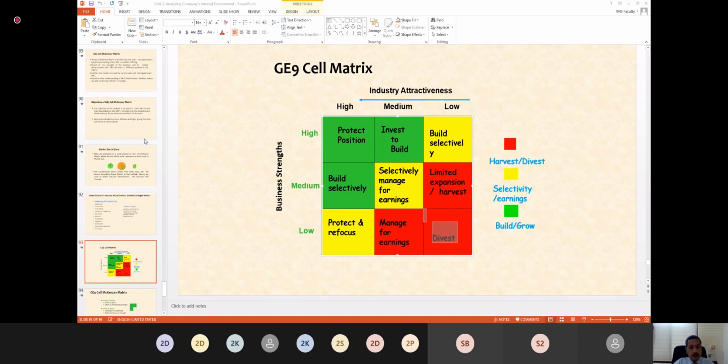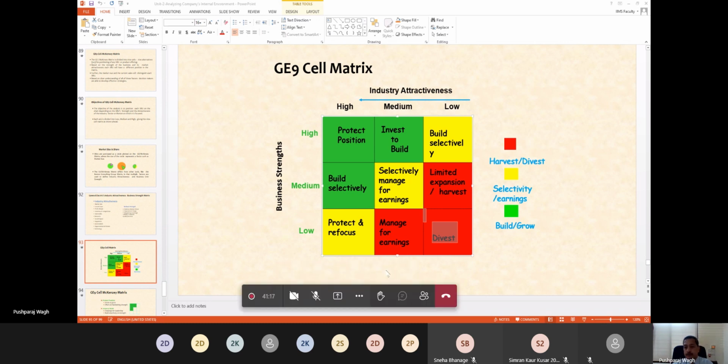Is it understood? Is this model understood? Yogesh, Pallavi, Yes, sir.